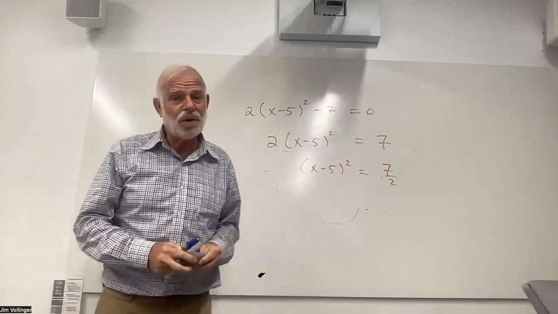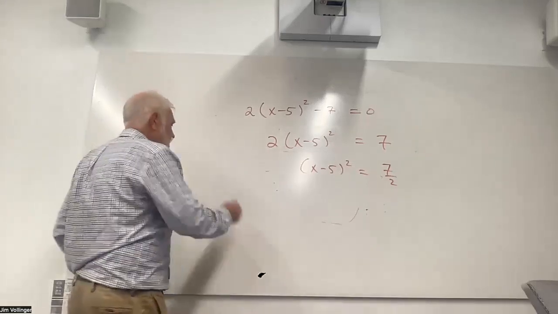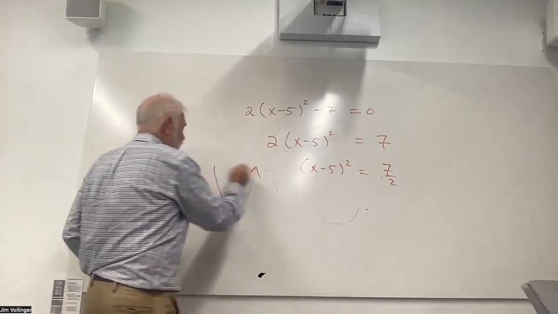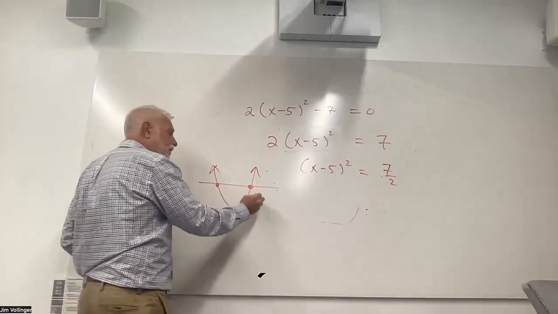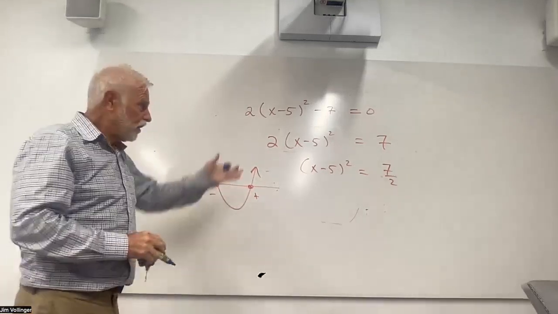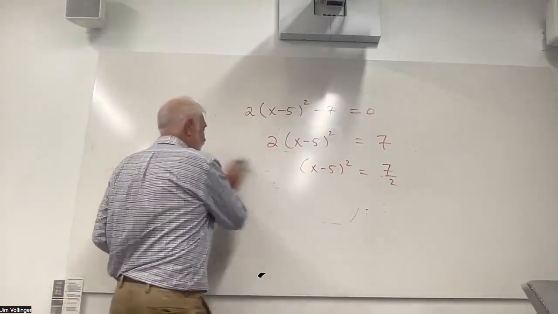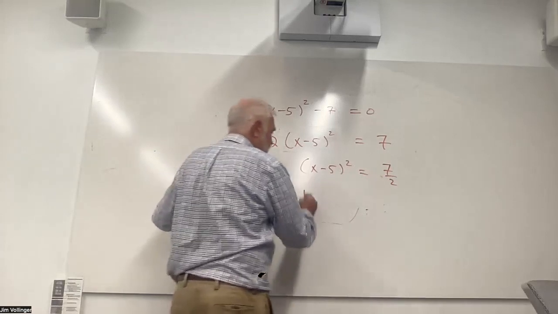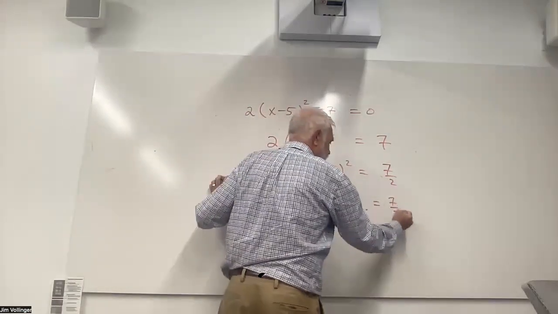We have looked at quadratics with the symmetry, and oftentimes there are positive and negative x values that solve equations like this. So the next blob is something squared equals 7/2.